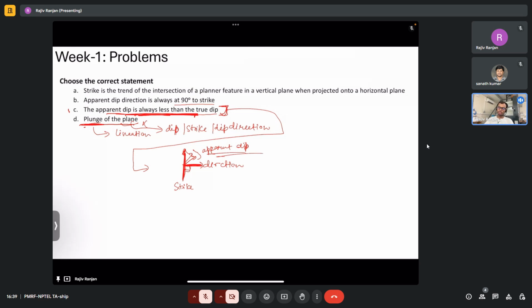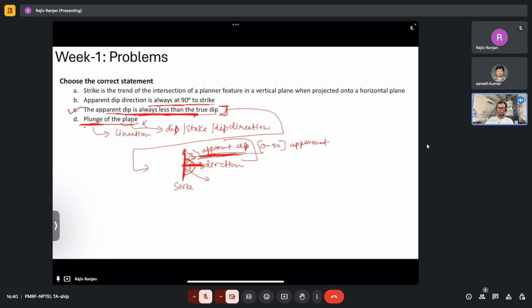If you look at option B, it says the apparent dip direction is always at 90 degrees to the strike. It's not correct, right? We learned that apart from 90 degrees to the strike, in all the other directions the dip will be between 0 and 90 degrees. Whatever inclination we measure in that plane will be the apparent dip. True dip is always perpendicular to the strike direction.